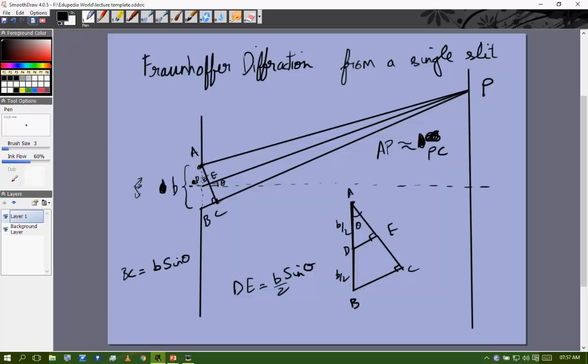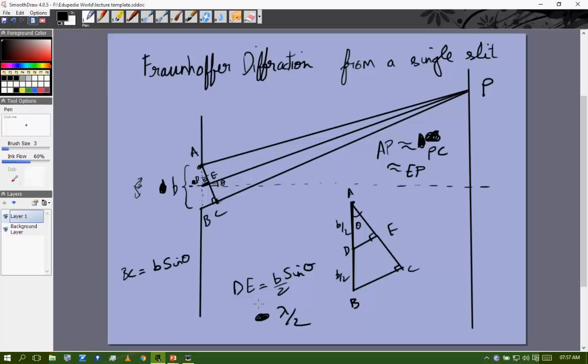This distance is the path difference between waves created at A and P, because AP is approximately equal to EP is approximately equal to CP. Now what if it were so that B by 2 sine theta happened to be equal to lambda by 2, or actually n plus half lambda by 2.